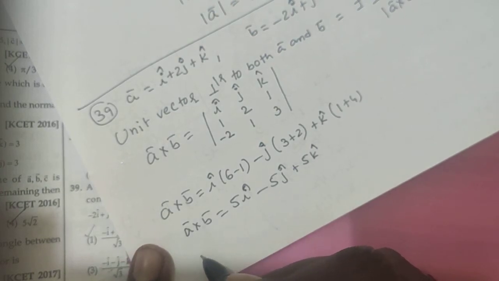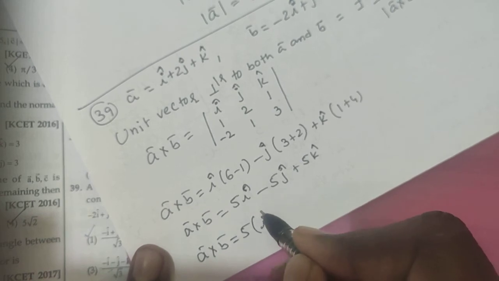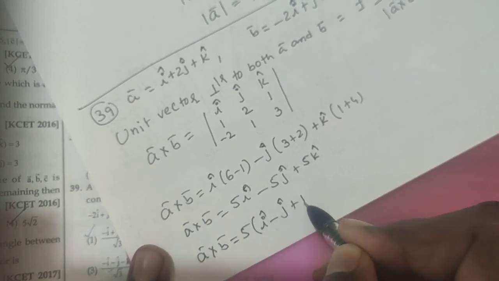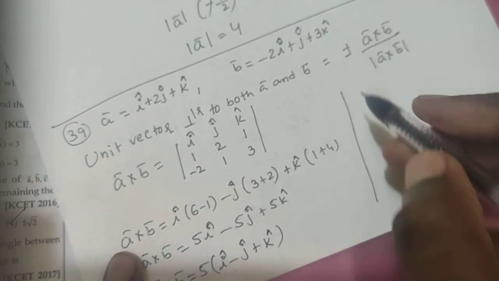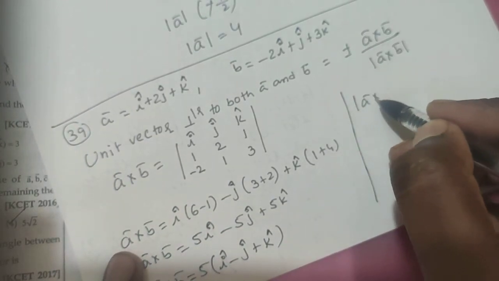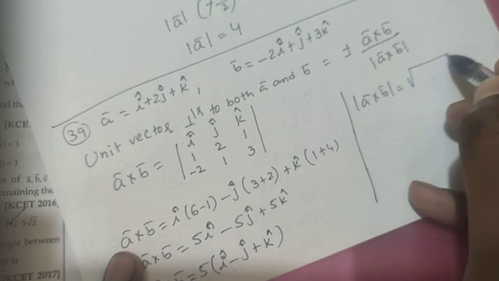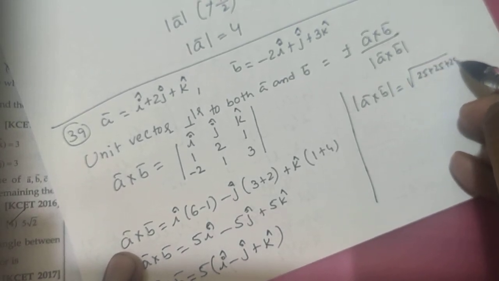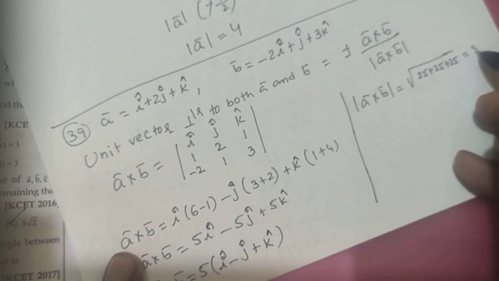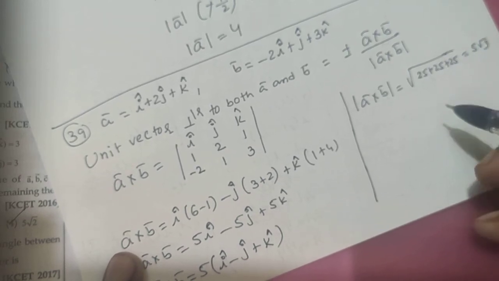I'll take 5 common. A bar cross b bar equals, if you take 5 common, then what will you get? i minus j plus k. Next, I am finding the modulus of a bar cross b bar. Under root of 5 square, 25 plus 25 plus 25, root 75, that is nothing but 5 root 3.